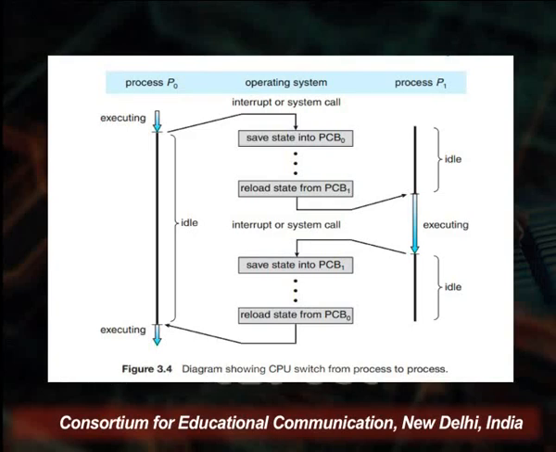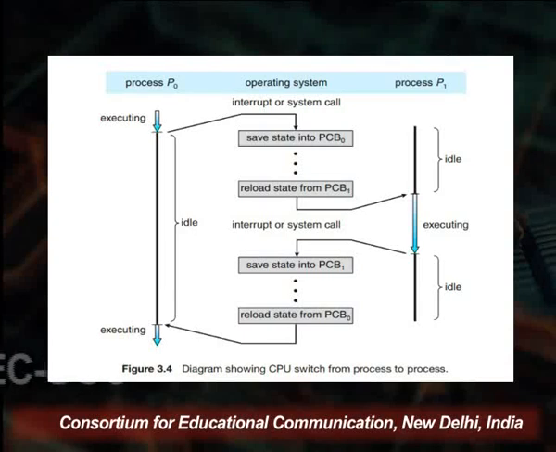Now, we cannot keep the CPU idle. Meanwhile, we will load the state from process control block 1, which belongs to process P1, and process P1, which was in the idle situation earlier, now comes into execution, and process P0 has gone into an idle situation, so basically it is not executing presently.